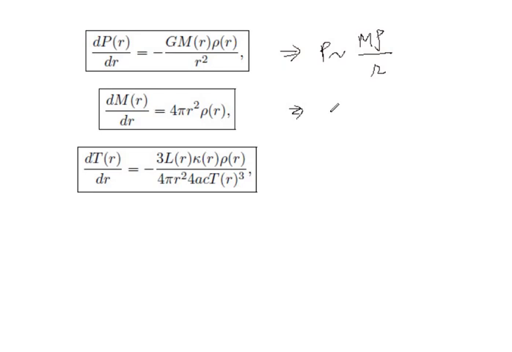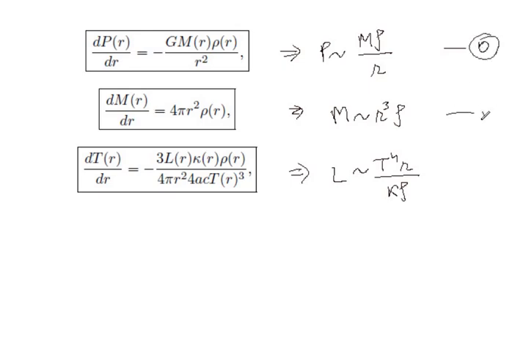This one becomes M of the order of r cubed into rho, and this one becomes L of the order of T to the power 4 r by kappa rho, where I am also taking T of the order of L. Let me name them: let this be equation 0, 1, 2.